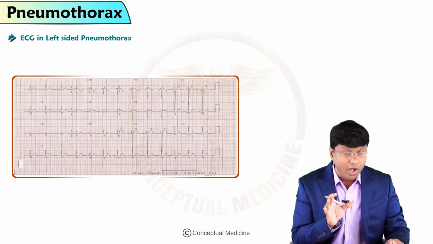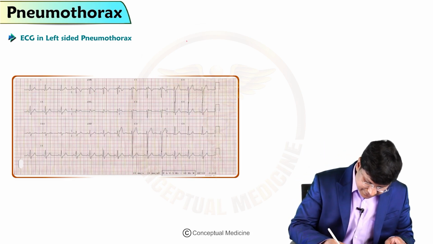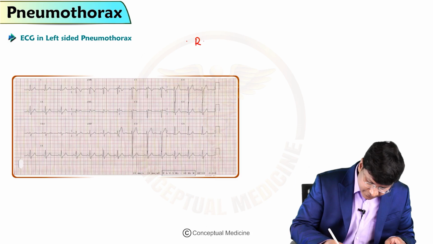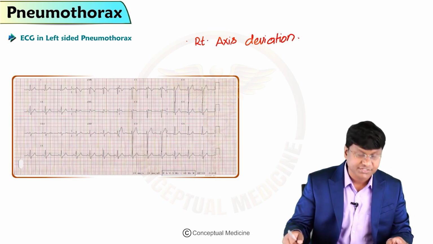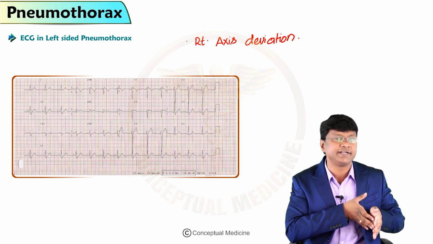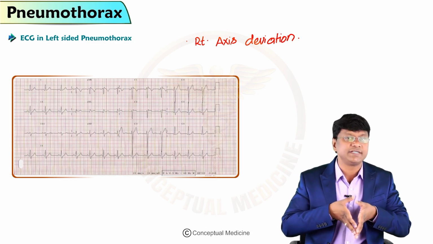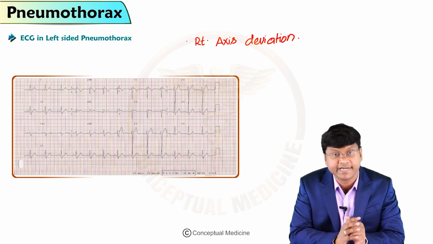The common ECG finding in patients with left-sided pneumothorax is right axis deviation. Why? Because the mediastinum is shifted to the opposite side. If the individual has left-sided pneumothorax, the heart, which is present in the mediastinum, is shifted to the opposite side, and because of which the individual can have right axis deviation.